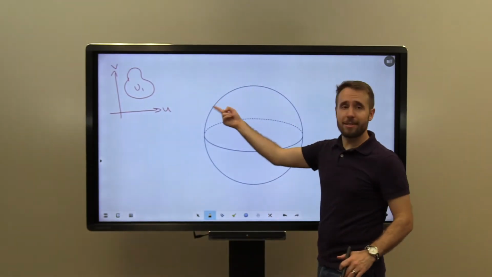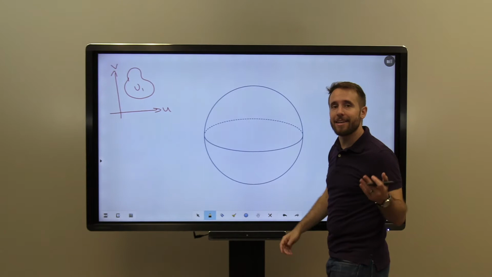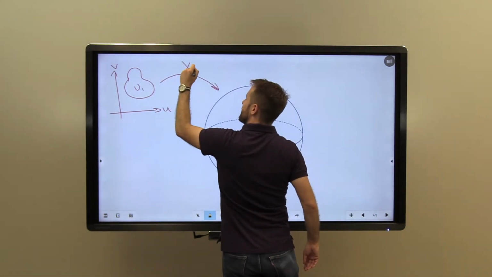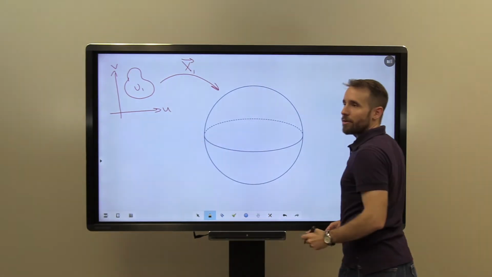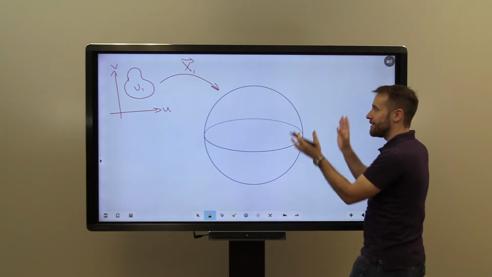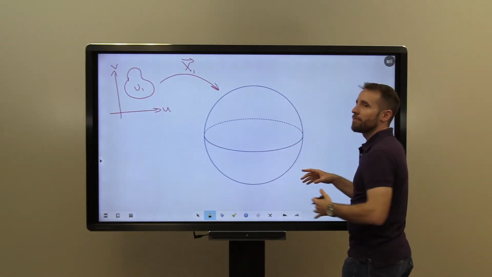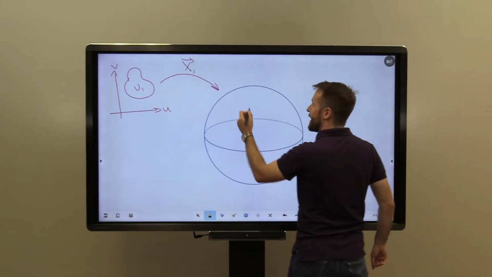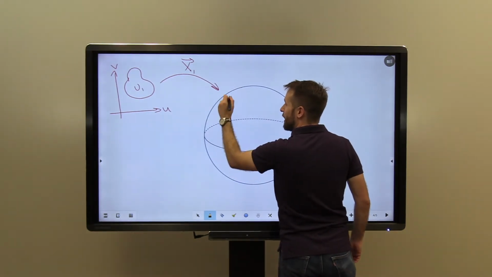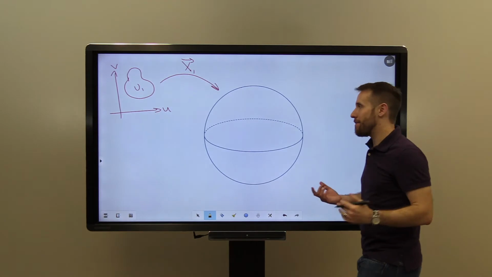So I'm going to take this blobby shape, this set in the UV plane, and I'm going to define a parameterization, which I'll call x1, that maps onto a piece of this sphere. And maybe let's go ahead and say that this piece maps onto most of the northern hemisphere, right?